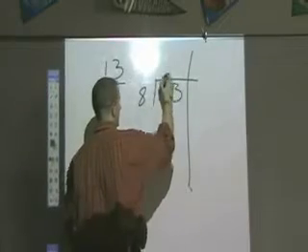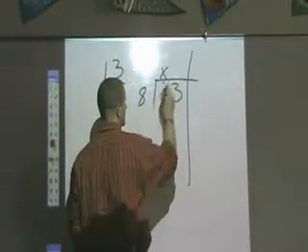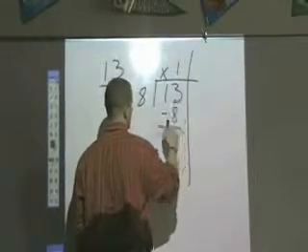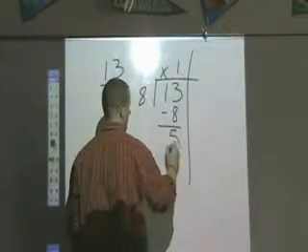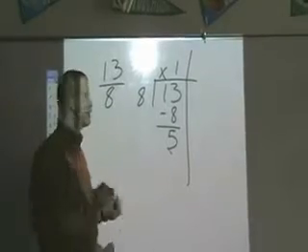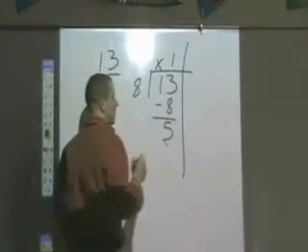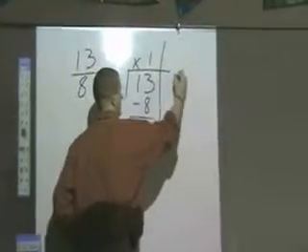So 8, can it go into 1? No. Can 8 go into 13? Yes. One time. So 13, take away 8 is 5. Okay? So here's the deal. I'm done. I've stopped. I'm good to go. So let's set it up. I need my whole number. What's my whole number? My whole number is going to be 1.